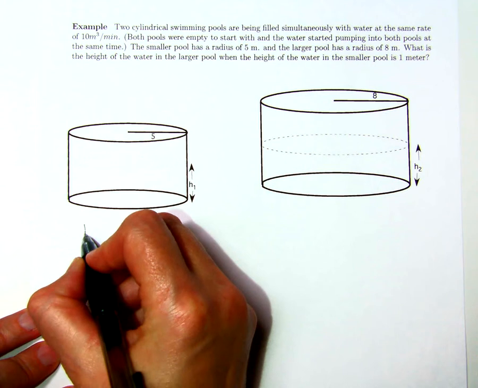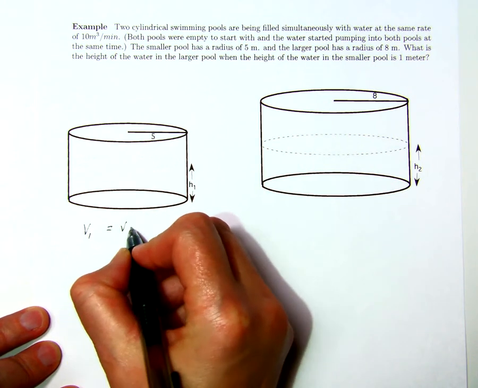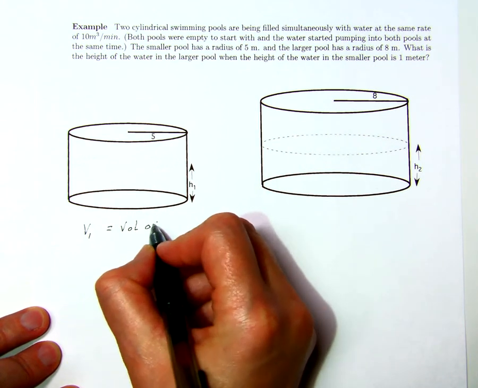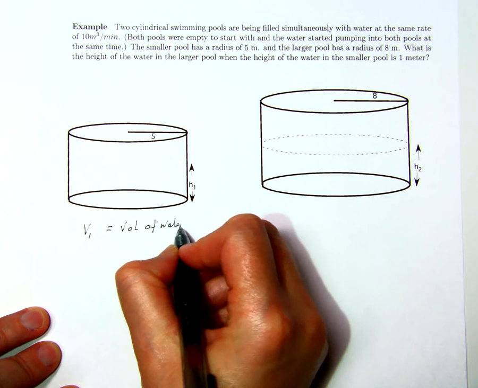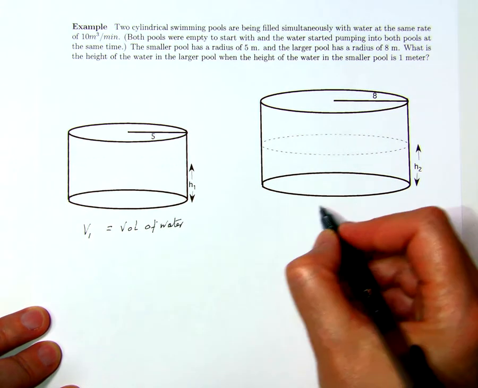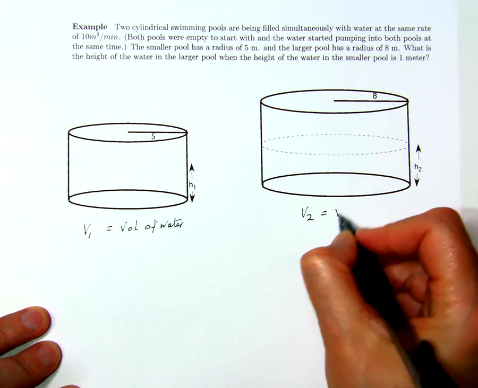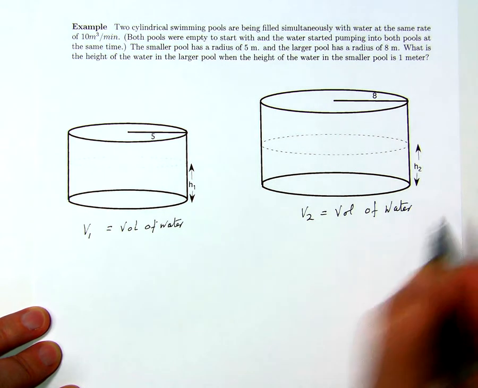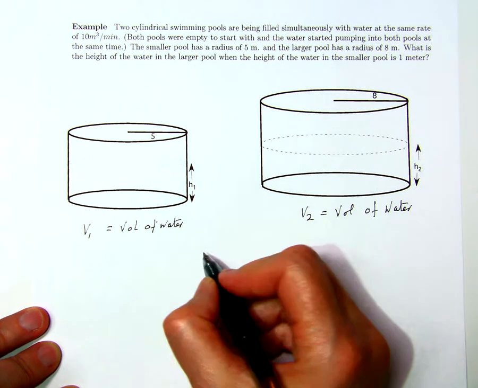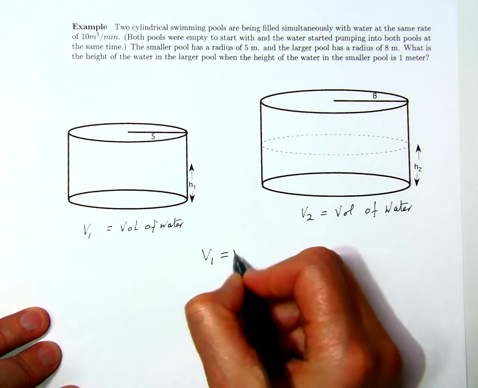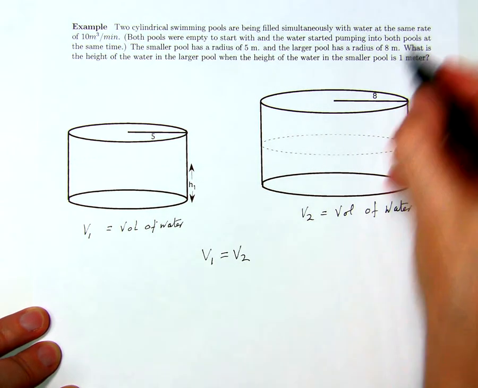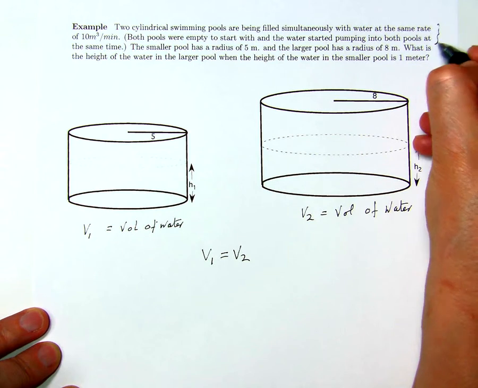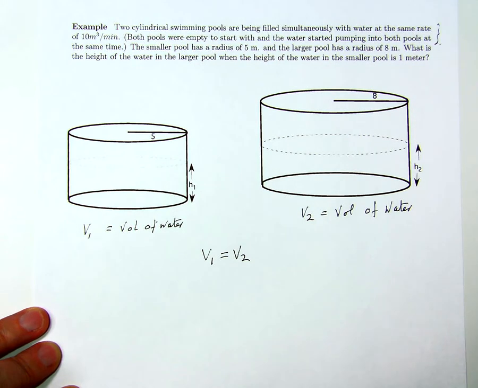So let V1 be the volume of water in here, and V2 is the volume of water in pool 2. And we know that V1 equals V2. We can derive that from these first couple of sentences.